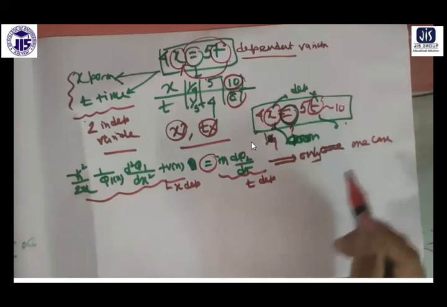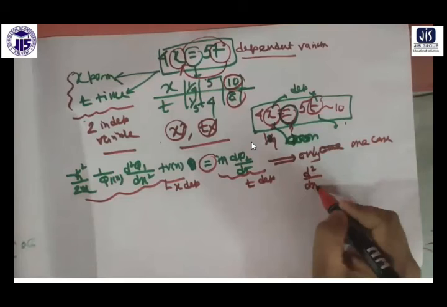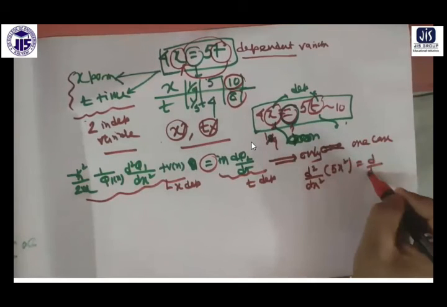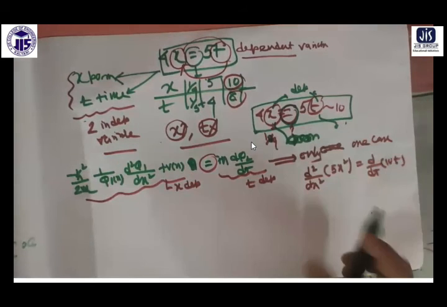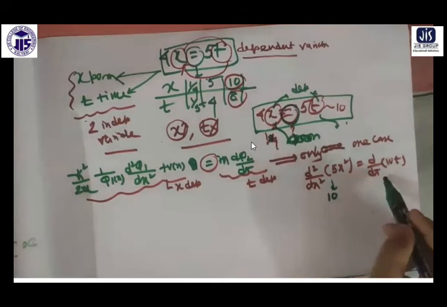What is that case? Suppose I have an equation d2 dx2 of 5x square, and it is equated with d dt of 10t. After all the derivatives, you will get 10 here, and here also after all the derivatives, you will get 10.